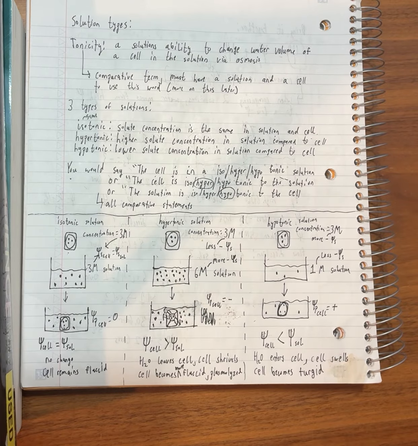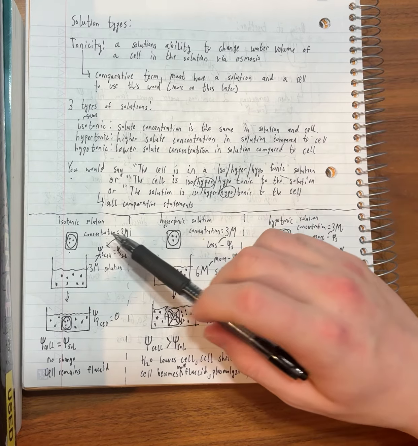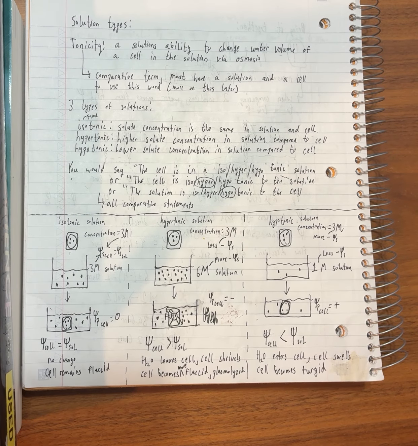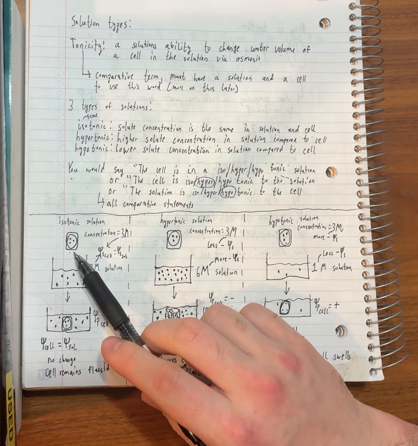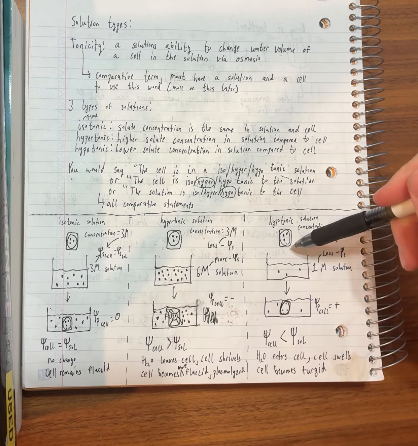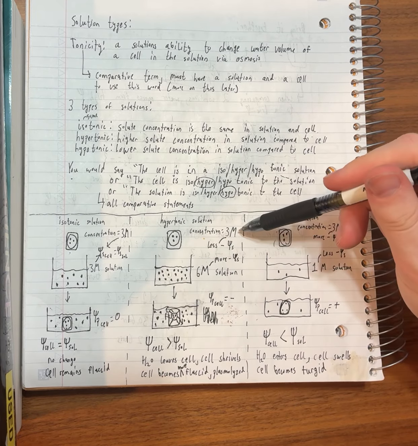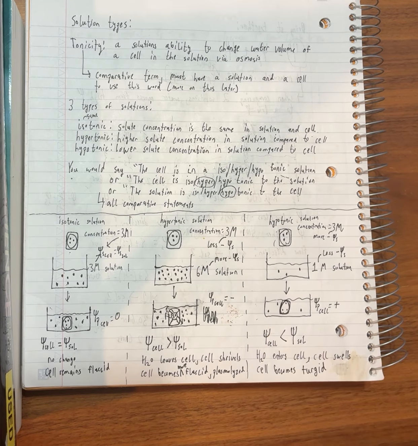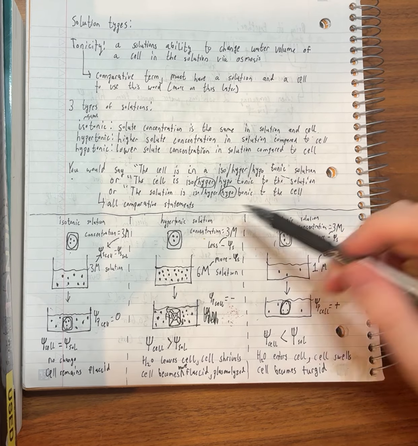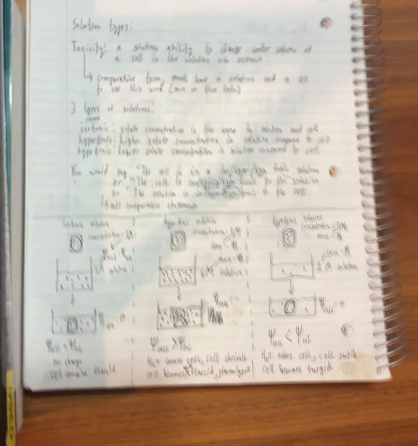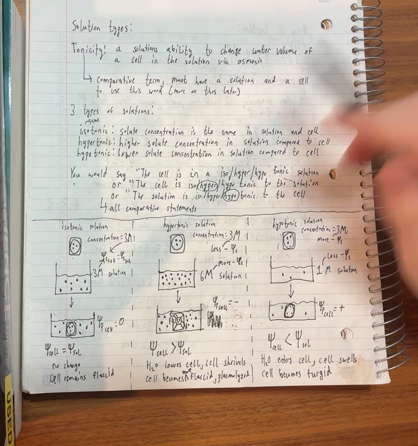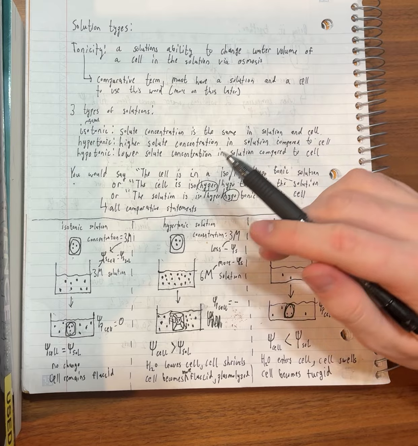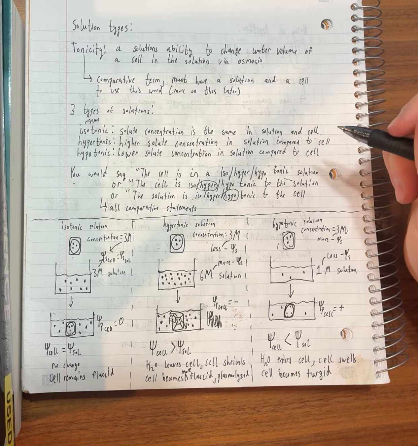So here is what I drew out a little bit. I have an isotonic, hypertonic, and hypotonic solution drawn. In each of these scenarios, I have a cell that I've drawn, and these cells all have the same starting concentration, and then I have differing concentrations of solution. Let's say we're talking about salt, and the concentration of all of these cells is 3 molarity. Molarity is just the unit of concentration. Don't worry too much about it.